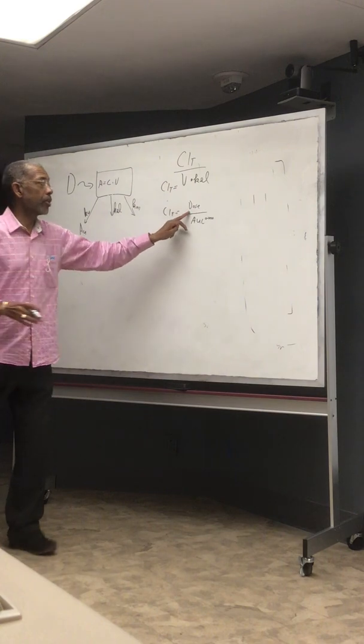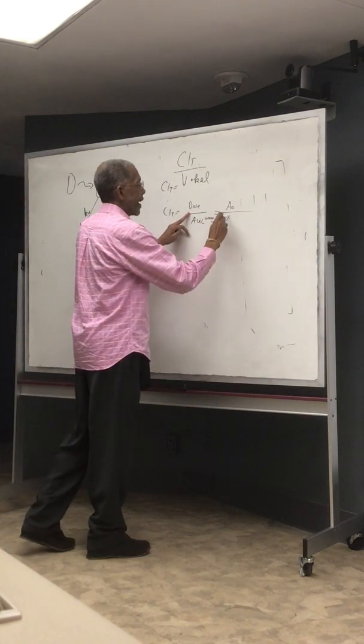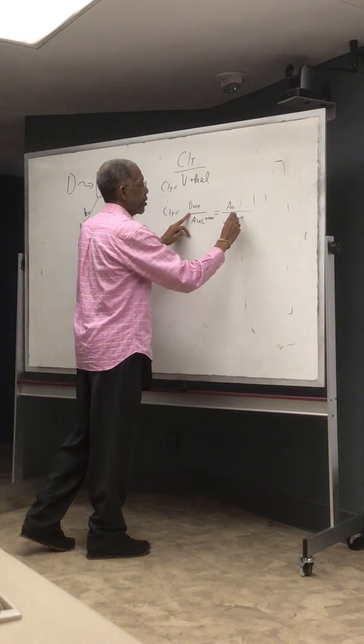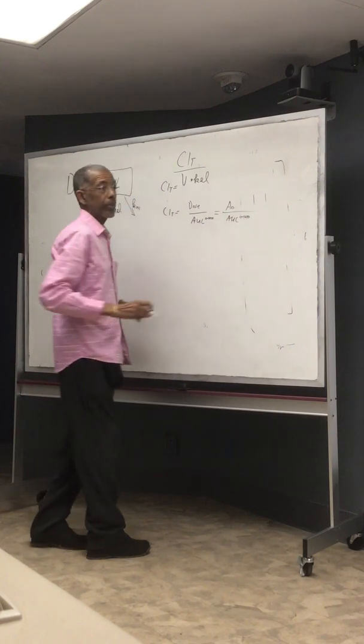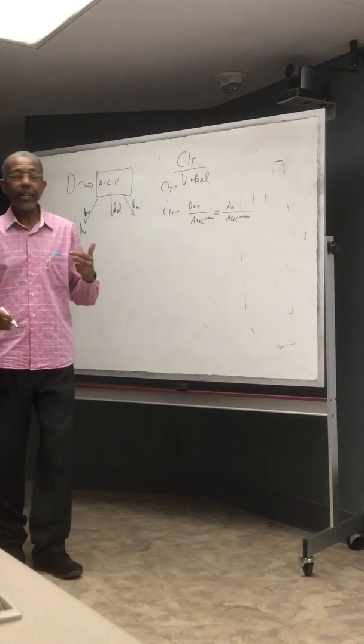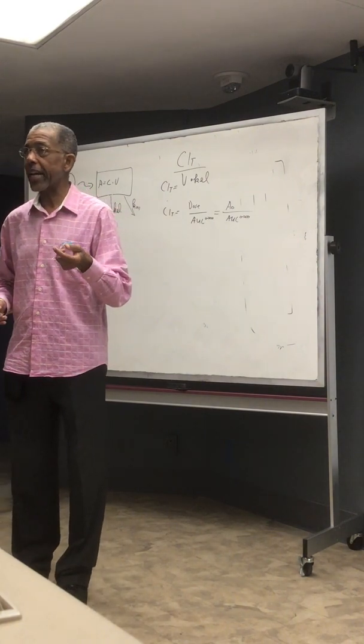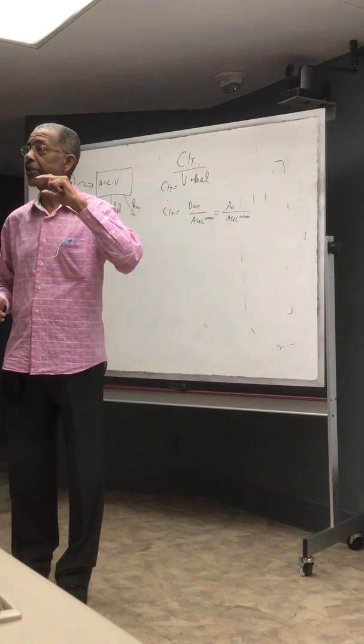So this is a dose. This is the same thing as A0 divided by the area under the curve from 0 to infinity. Remember the plasma concentration time curve that we did in problem number 2 in laboratory this past week?